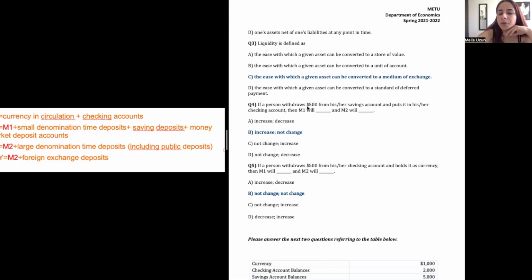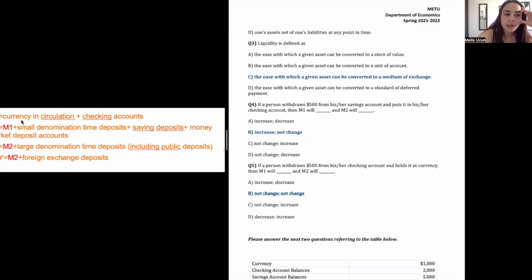If a person withdraws $500 from his or her savings account and puts it in his or her checking account, then let's look. A person withdraws $500 from his savings and puts it in his checking account.